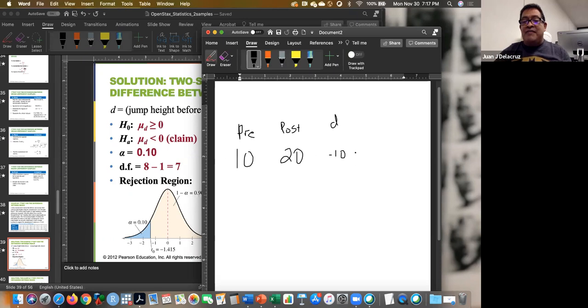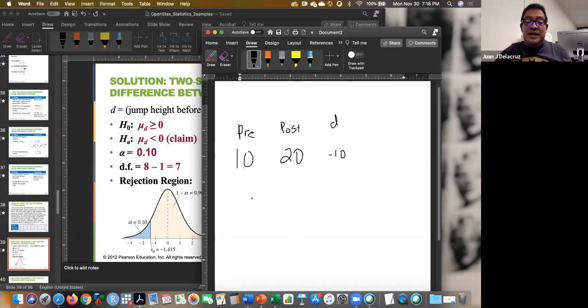So I'm going to have a minus 10. In this case, my alternative hypothesis is going to be that the mean difference is going to be a negative number. If I want things to improve from the pre to the post, that means the difference is going to be negative, right? So in this case, I am going to use less than. That's what I can tell you so far.